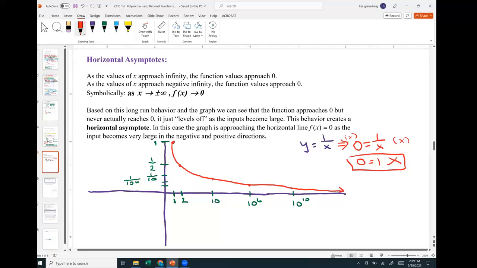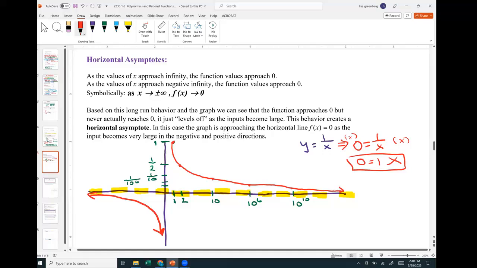But notice we're getting closer and closer. So we have a horizontal asymptote at y equals 0. It just means that the graph is getting closer and closer to 0, but it will never equal 0. And we have the same thing really happening in the negative direction, for the same reason.